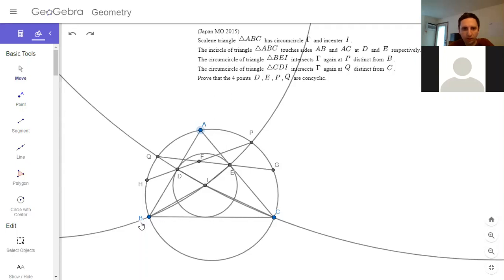I think, what if we just try to show that angle QDP is equal to angle QEP? I mean, that's probably the most logical way.